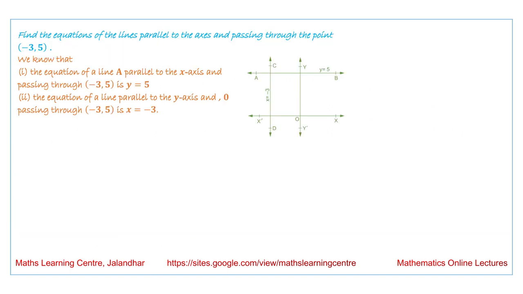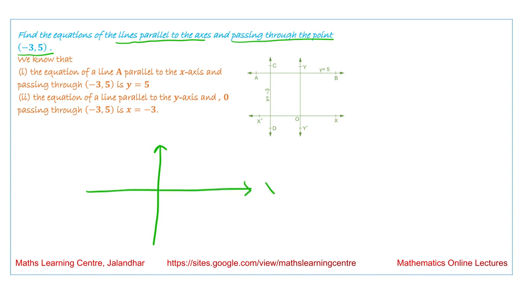Next is, find the equations of the lines parallel to the axes and passing through the point minus 3 comma 5. Suppose these are the x axis and the y axis. We have this point minus 3 comma 5, somewhere over here. We are talking about the equations of the lines parallel to the axes.